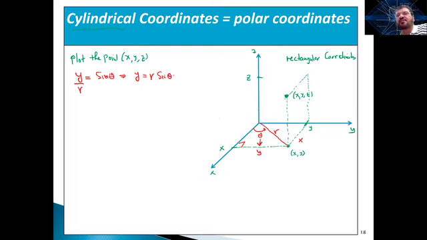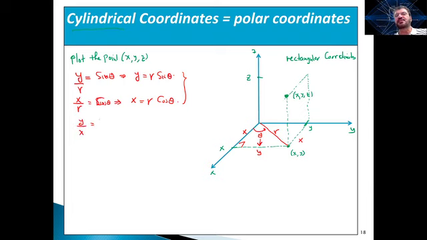Similarly, if you look at x, this is x, by the way, it's adjacent to theta. So we know that x over r is cosine theta. So that means x is equal to r cosine theta. All right, now, what happens when I divide y over x?